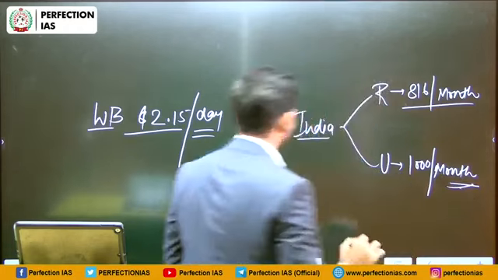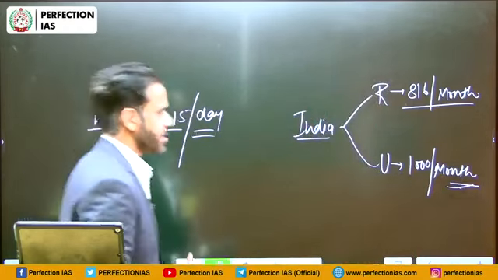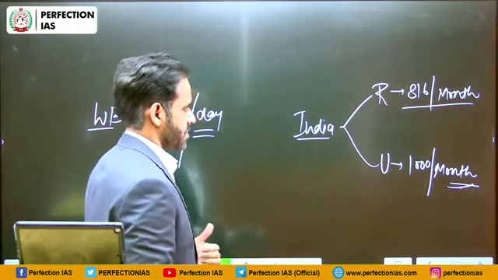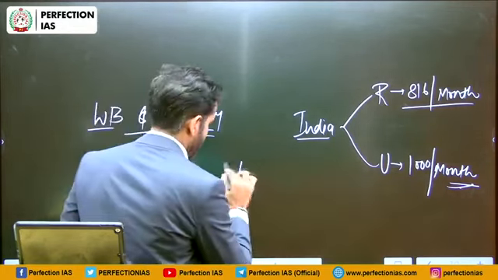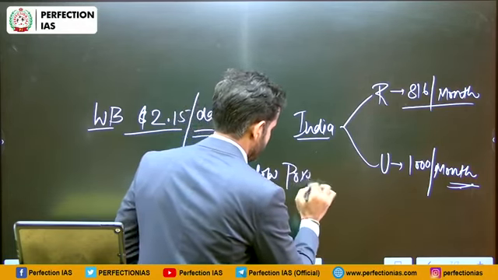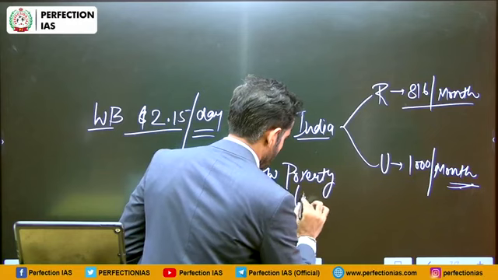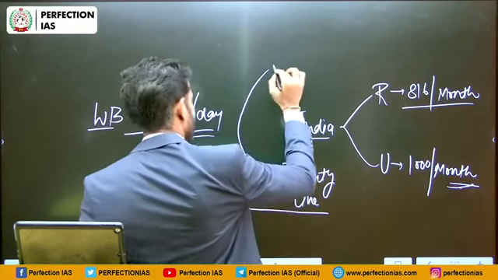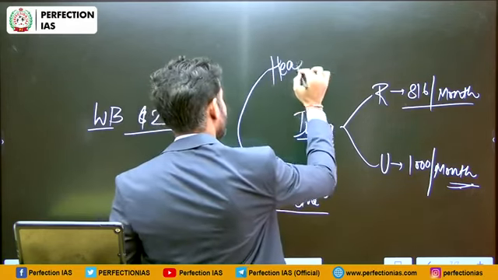So this is the poverty line. That means the people who are below this, they are below the poverty line. It is also known as head count ratio.